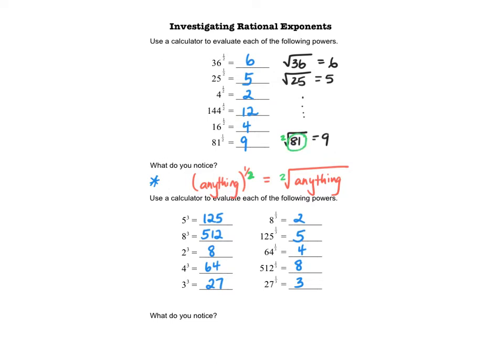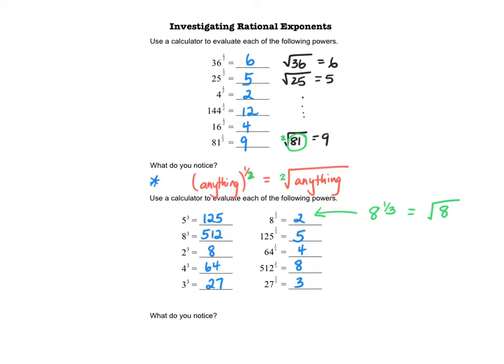So I'm wondering if you can use that thinking to try to draw some sort of conclusion from how we could rewrite the power 8 to the 1/3. So whatever we have as our base of our power, just like we did with the square roots, we are going to place as the radicand.